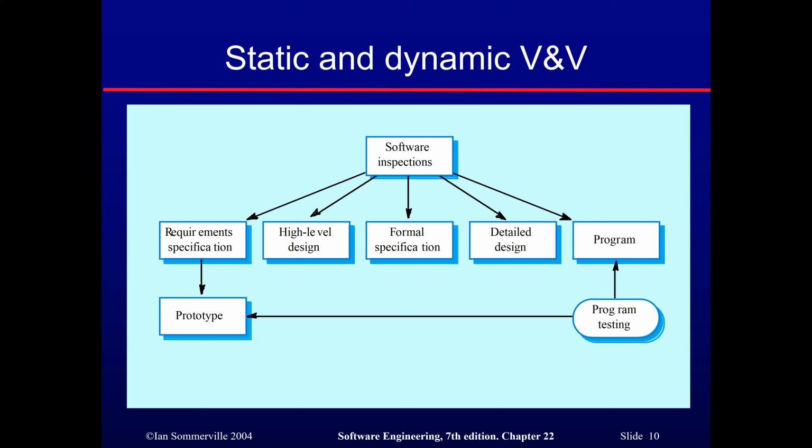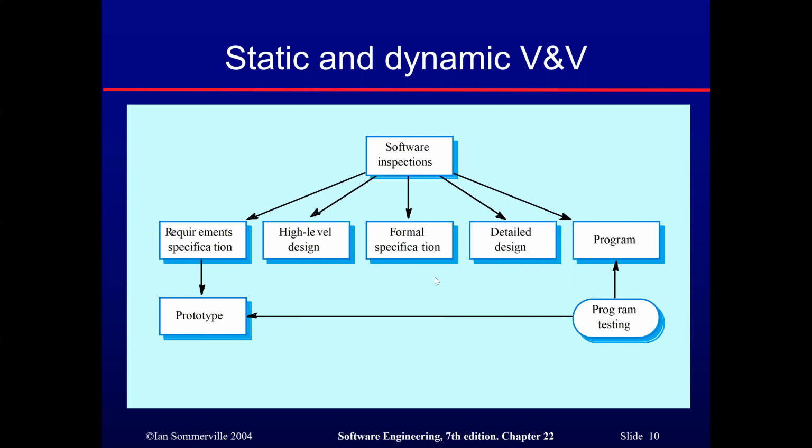So, for example, you can use the software inspection at each activity here in the software development process. But you can use the program testing only on the executable versions of a program, either on a prototype or on a program.